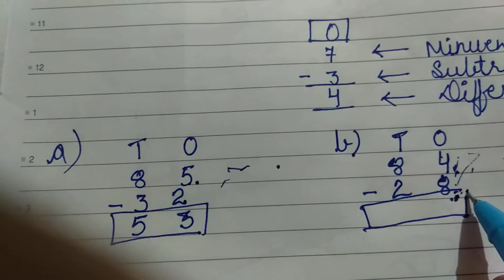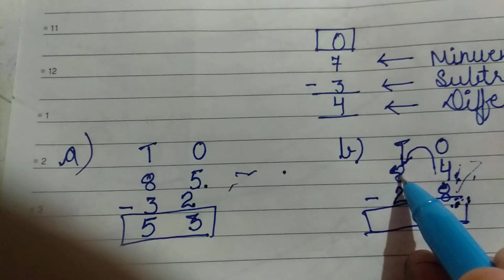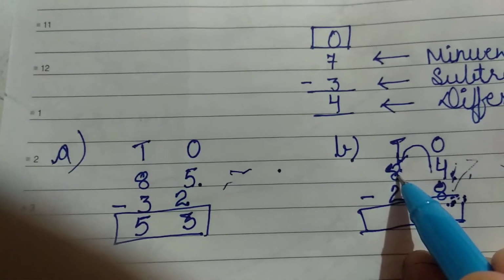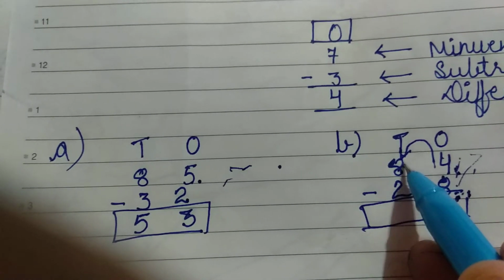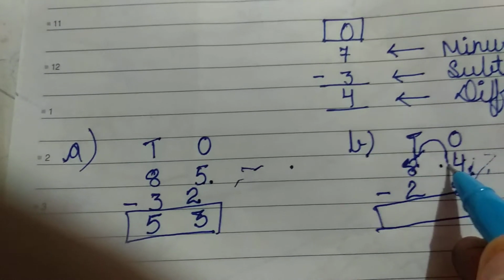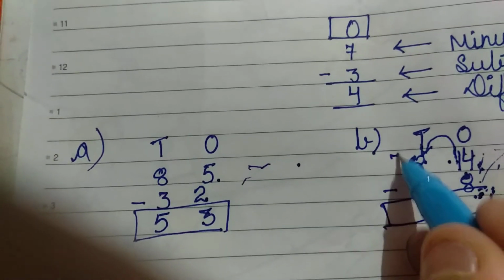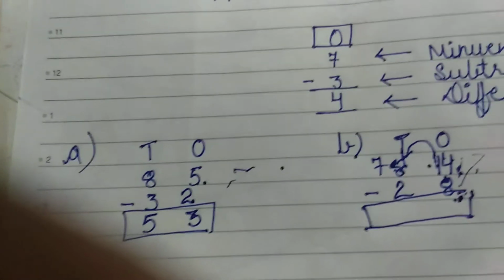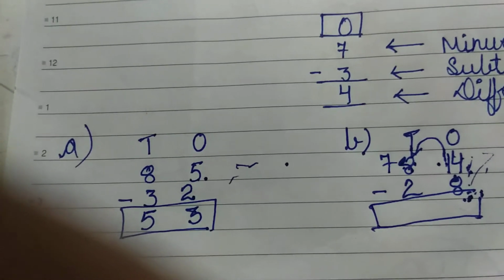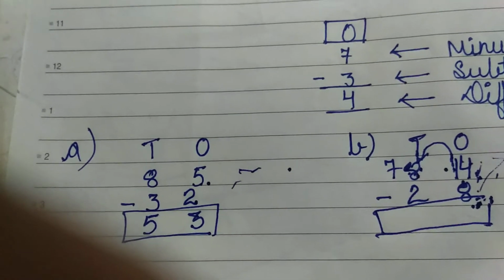8 can't be subtracted from 4, so 4 will knock the door of 8. Knock knock. Can you give me tens? Yes, it will give 10. So from 4 it will become 14, and this 8 will become 7, because 8 was in tens place, that's why he has given 10.